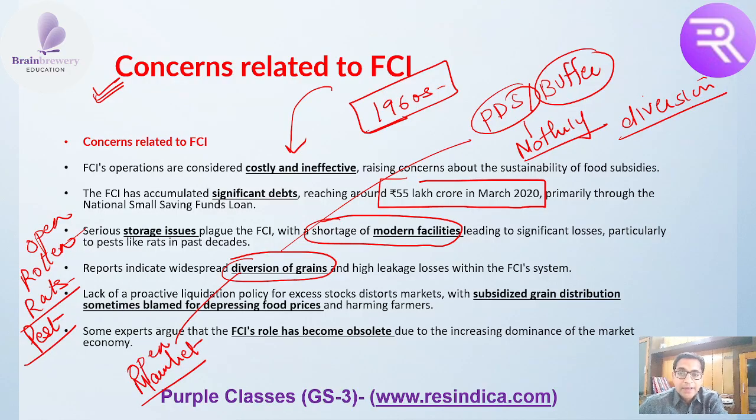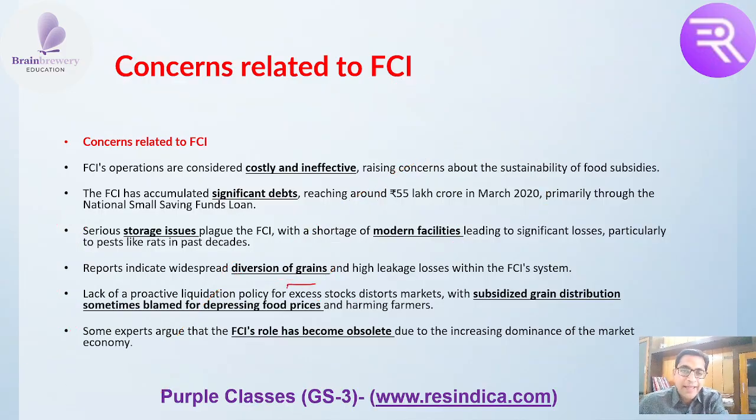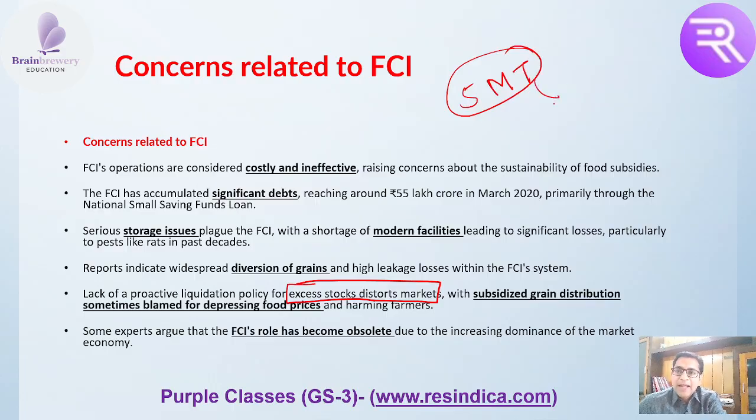Then there is a lack of proactive liquidation policy for excess stock. So there is no policy for what to do if we have excess stock. For example, if the storage capacity we need is around 5 million ton, but I have 7 million ton, what will we do with the 2 million ton, how do we liquidate that?